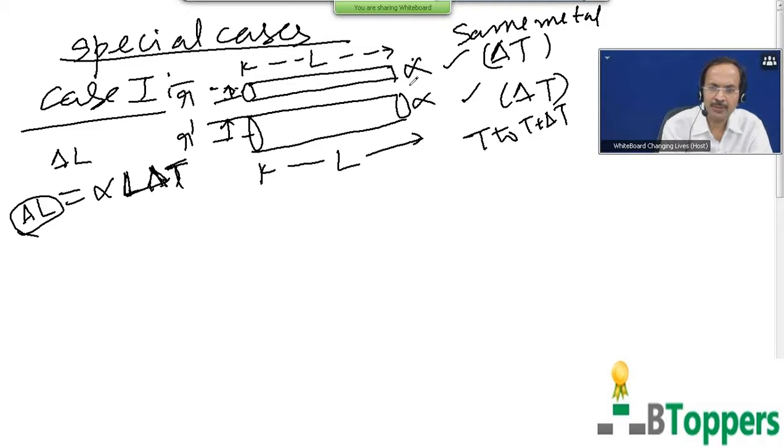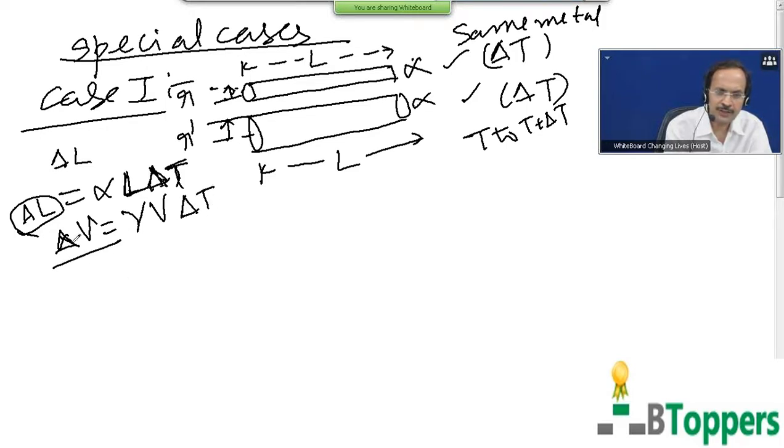But sometimes you may be asked about the ratio of the volume expansions. That means the increase in the volume or volume expansion will not be the same because the original volume is different. So I would like to discuss how we can compare the volume expansions of the two rods. Increase in the volume, when a uniform solid is heated uniformly, is gamma into original volume into increase in the temperature.